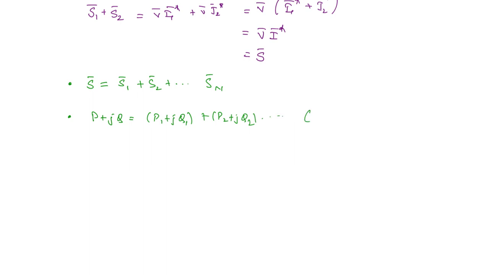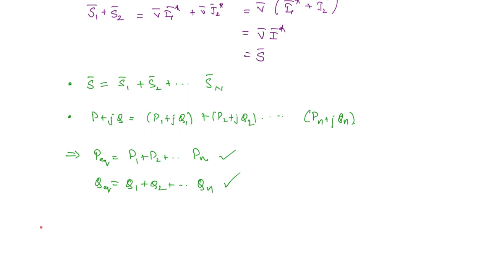All of the real parts you can add, so you are going to get P equivalent equal to the sum of the real parts. So, the real power is also conserved. What about Q? The addition of all the imaginary powers, Q equivalent is Q1 plus Q2 plus so on till Qn. This is also being conserved.